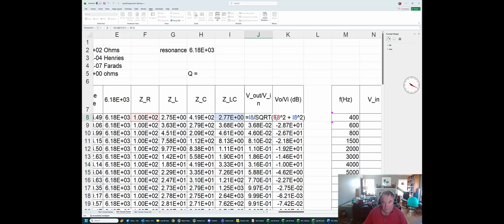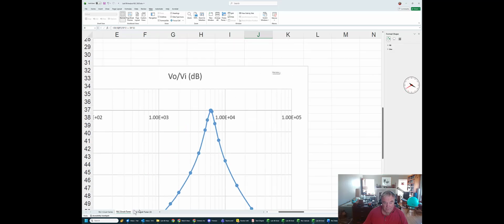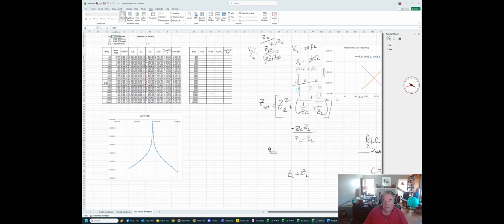And I just have to add that ZLC I8 in quadrature with the resistor F8. And of course, you type them in, you do the fill handle, you make the graph, and you do it again for this guy.